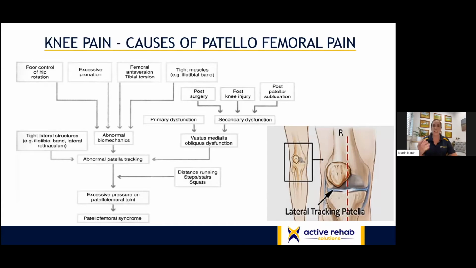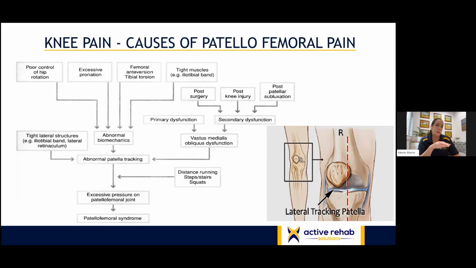Again, we need to address the antipronator muscles, which are the muscles around the ankle joint: tibialis anterior, tibialis posterior, peroneal muscles, calf muscles, all those muscles that support around the ankle. They are also a huge part of preventing and rehabilitating patellofemoral pain, okay? So just remember, you can work above and below that issue. It's very important.